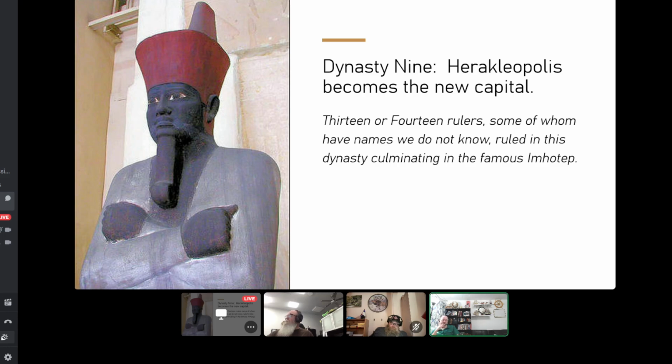Reliefs from the pre-unification Theban style of art consist of high raised relief or a sunk relief with incised details. So in other words, they're carving into a stone or a piece of clay. Okay.